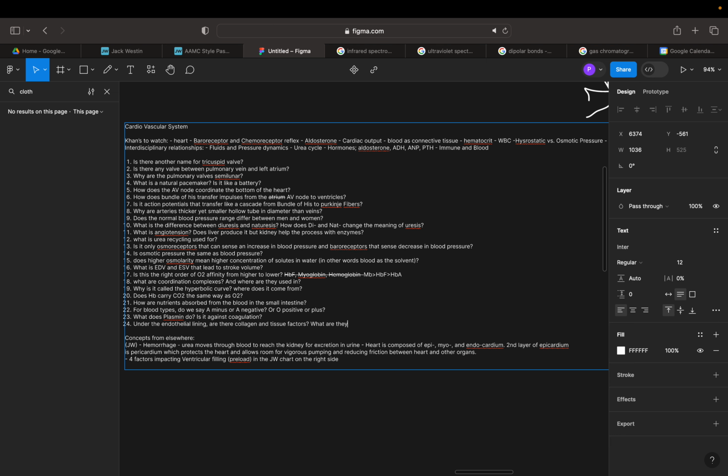What are they? What are tissue factors? And are they outer or inner with respect to endothelial cells?